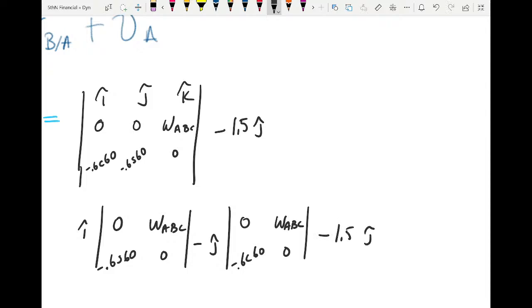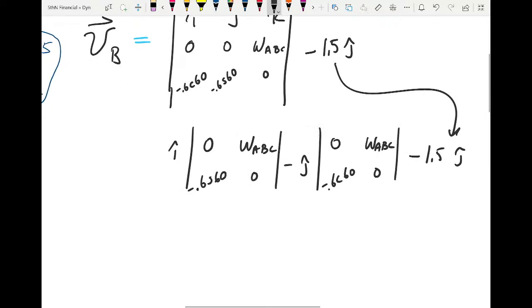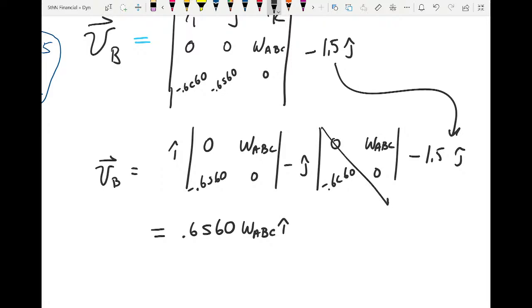So just copying this down, I'm going to get a velocity of B, which is plus and minus a minus, which would be 0.6 sine of 60 omega ABC I. Now this will be this plus minus a minus a minus becomes a minus 0.6 cosine 60 omega ABC J minus 1.5 J.